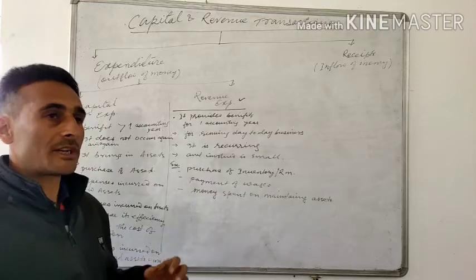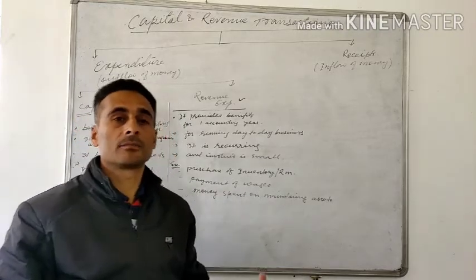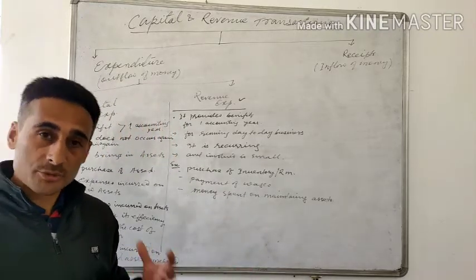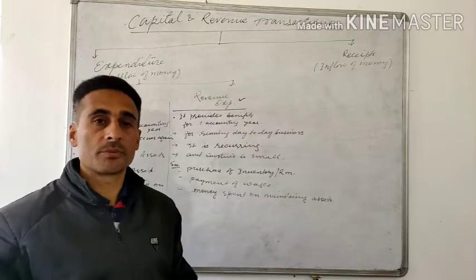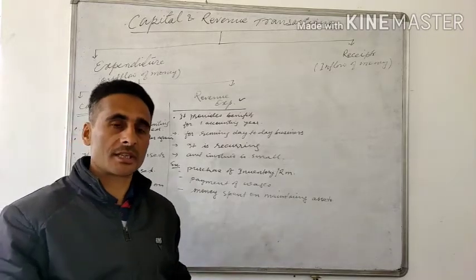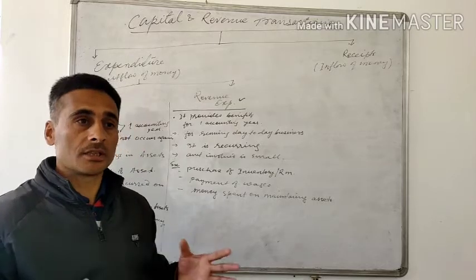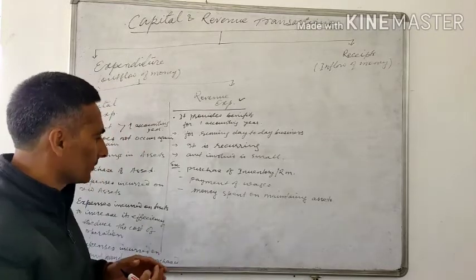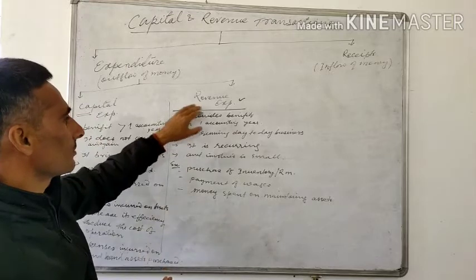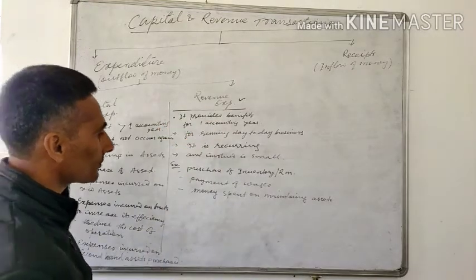Supposing you want to whitewash your old building, so this whitewashing expense will be termed as revenue expenditure because that is necessary in order to maintain the building, right? Those kinds of expenses will be termed as revenue expenditure.